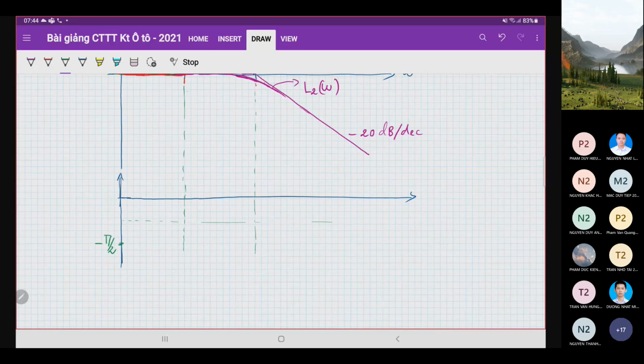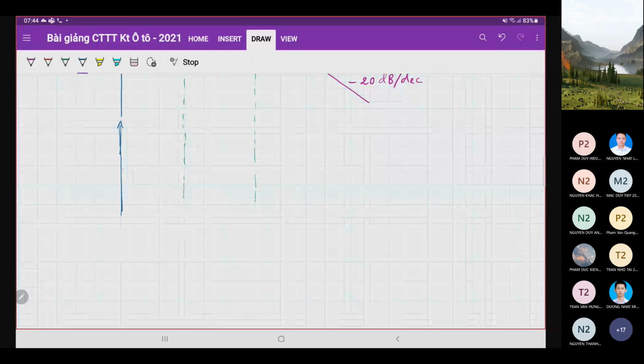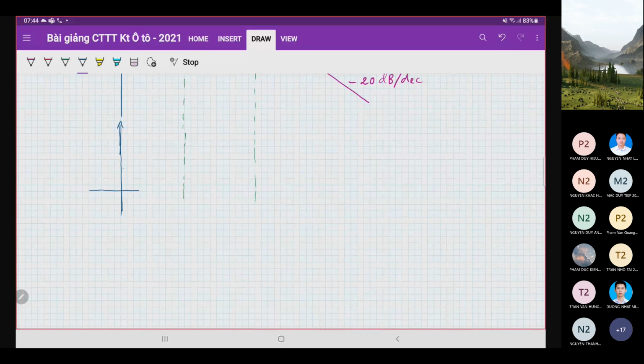Oh, sorry, we should draw the different phase curves here.